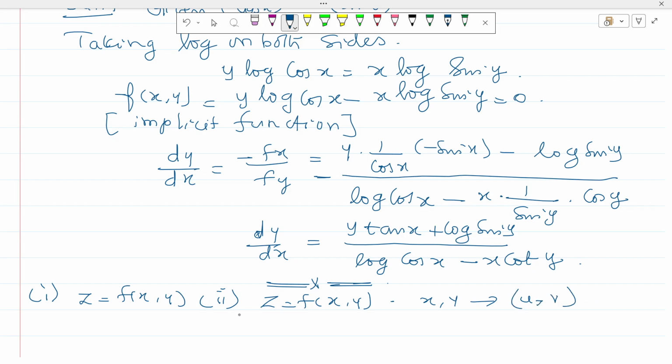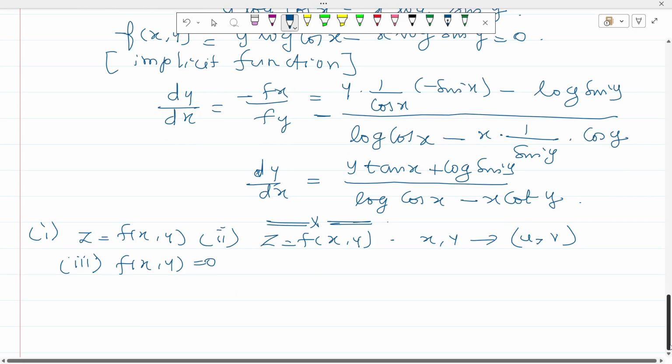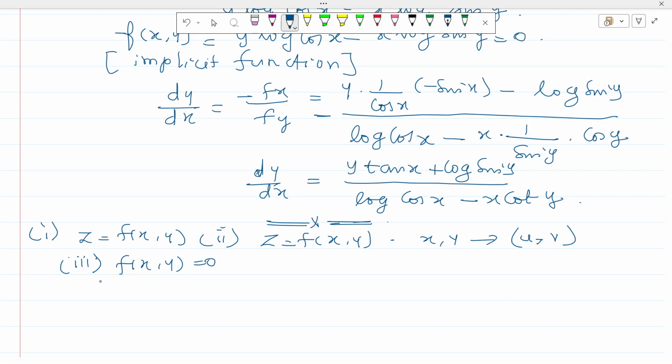Okay, it is a second type. Third type is f of x comma y equal to 0. So the only thing is you have to identify the problem, which formula you are going to use.